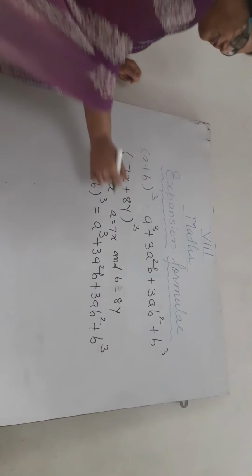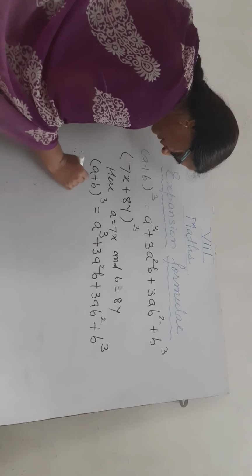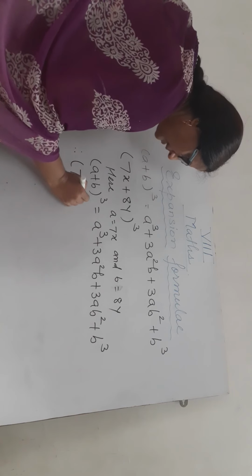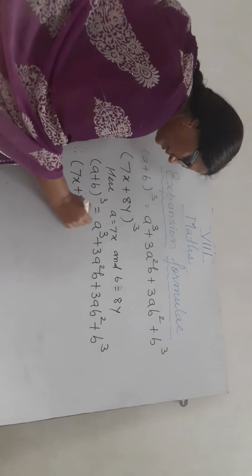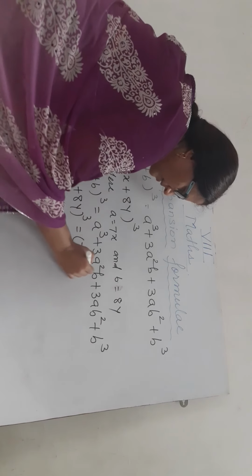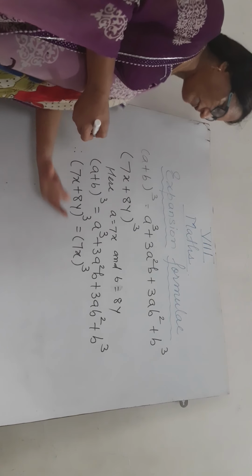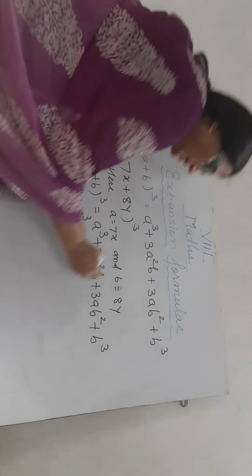Put the values of A and B. Therefore, A is 7x, B is 8y. Cube is equal to (7x) cube. Whenever two numbers are there, always put the bracket.